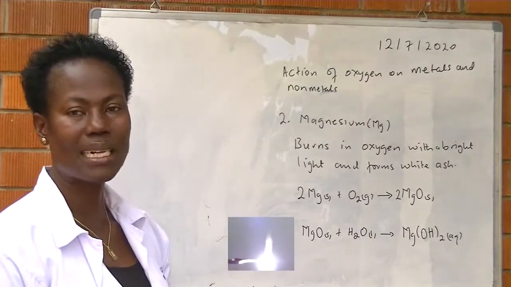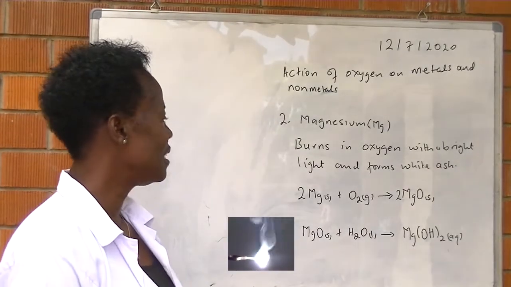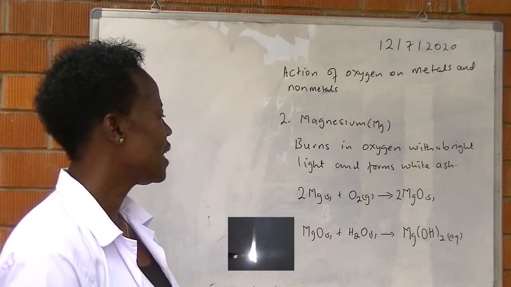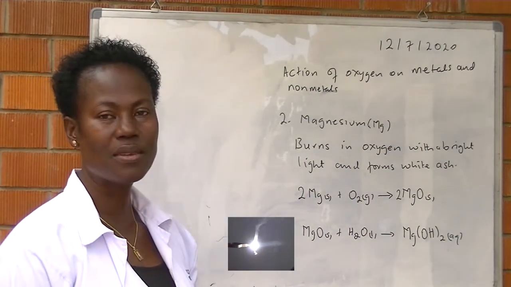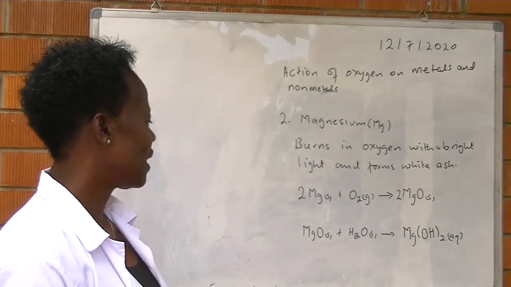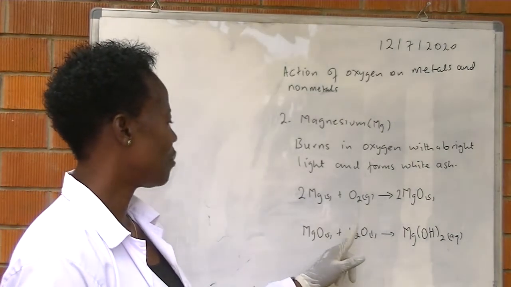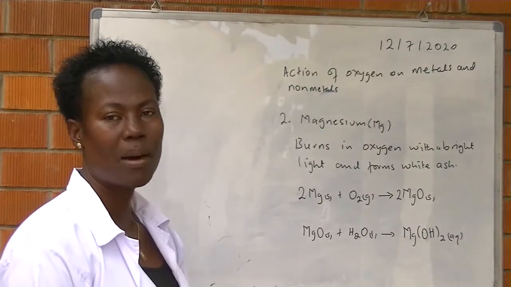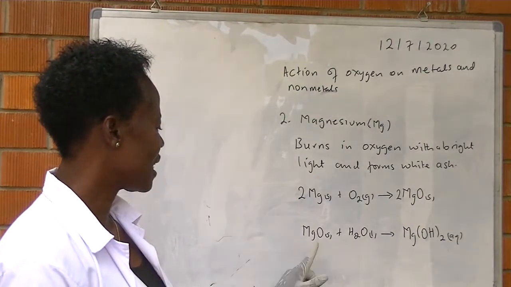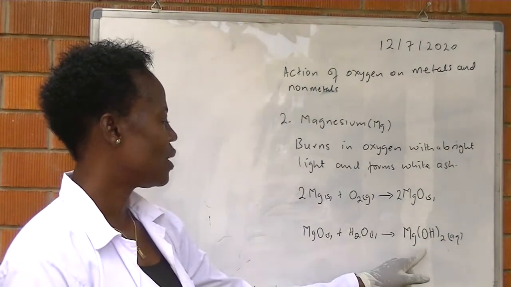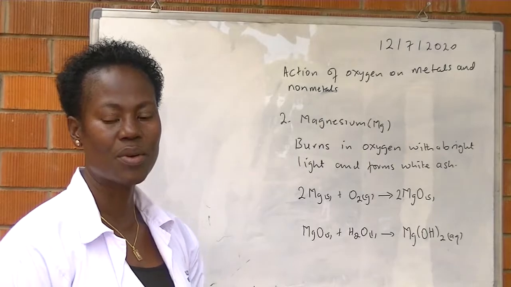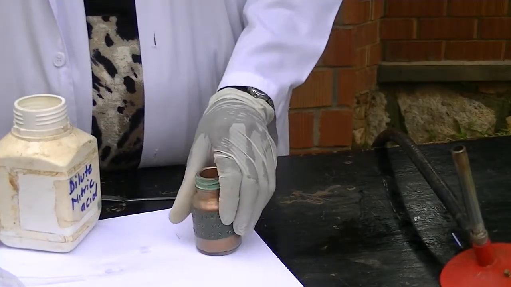So let us now look at our observation. What have you observed? Magnesium burns in oxygen with a bright light and forms a white ash. So the equation is magnesium plus oxygen to produce magnesium oxide, and then magnesium oxide plus water to give us magnesium hydroxide.